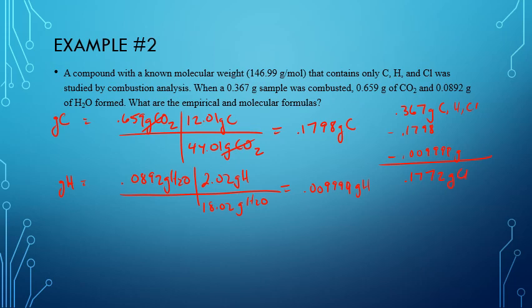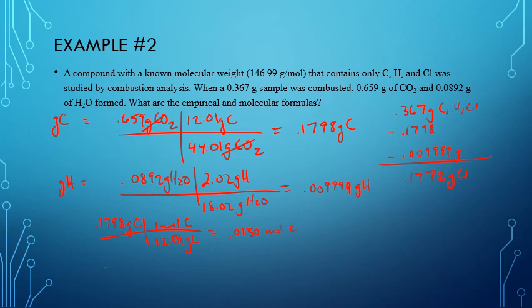So I can take the 0.1798 for my grams of carbon and convert that into moles. So 1 mole of carbon, again 12.01 for my grams of carbon. And if we do that, we end up with 0.0150 for our moles of carbon.